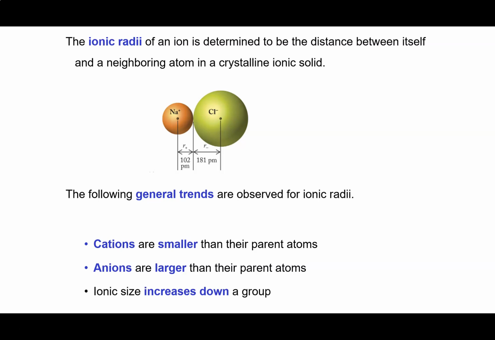So every now and then you'll hear people talk about ionic radii, and ionic radii is the size of a cation or an anion, and again it's measured normally from a compound. Now all ionic compounds are crystals at room temperature, and it turns out that crystals are really good at scattering light.